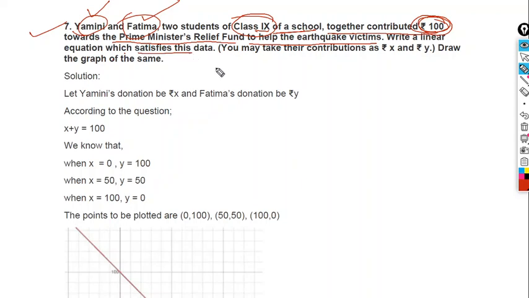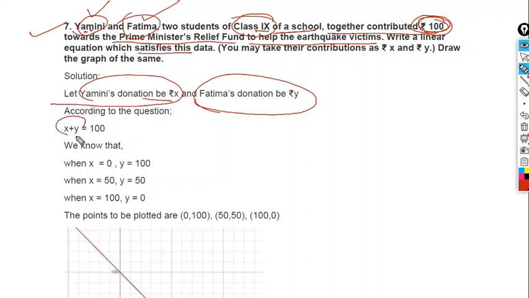It is very easy to plot a graph like this. Let Yamini's donation be x rupees and Fatima's donation be y rupees. You are free to give any number, but the equation will be x + y = 100.